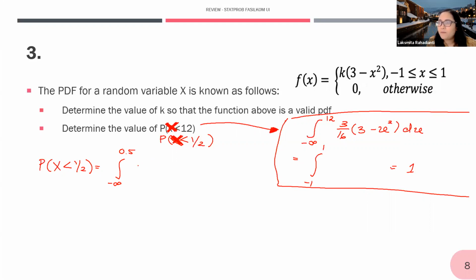But since I don't have a function that is valid until negative infinity anyway, I only have until -1. I can change the bottom limit to -1, and I can leave the upper limit at 0.5, and then I can compute this as follows.